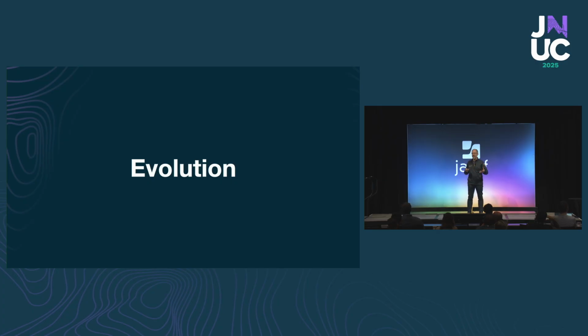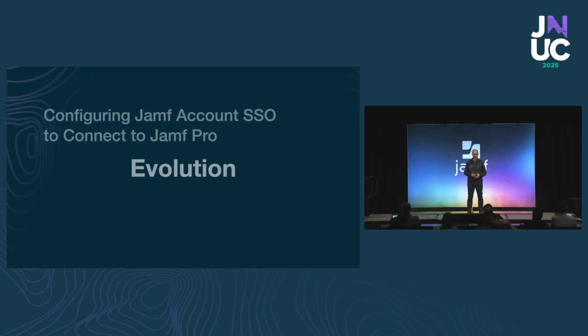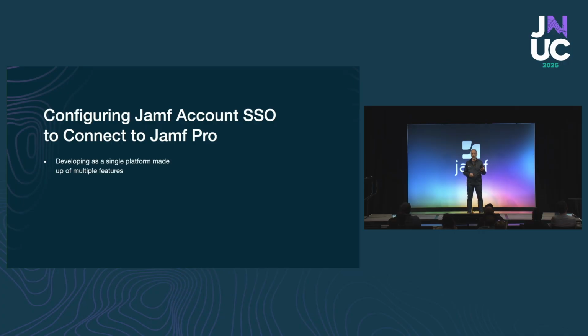You're seeing the beginning of a transition to how we need to evolve to meet future needs. So let's recap on what I just covered here. In order to develop faster and smarter, we need to move to developing Jamf as a single platform made up of small, manageable services and features.